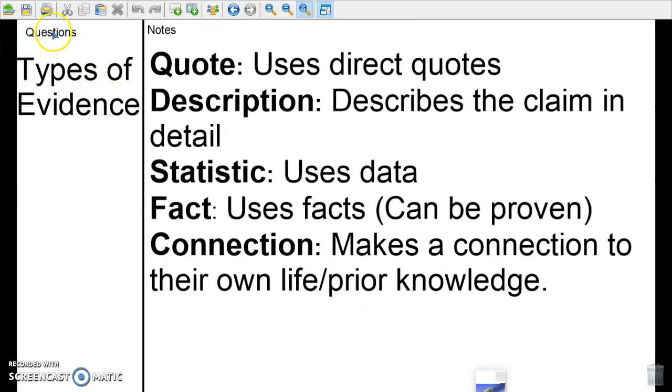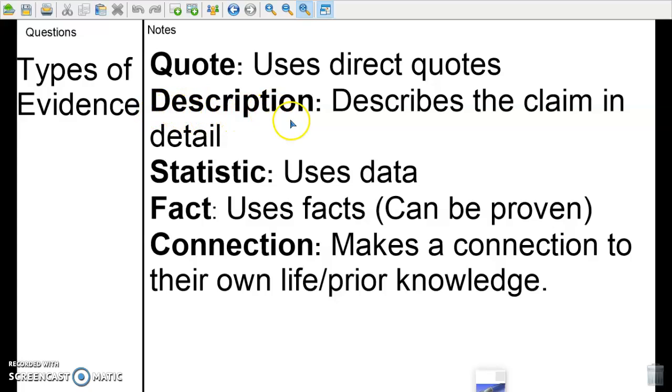Next up, on the question side, you have the different types of evidence. So you have a quote, and a quote uses direct quotations. This would be like if someone is being interviewed and you take exactly what they said and use that as an example.